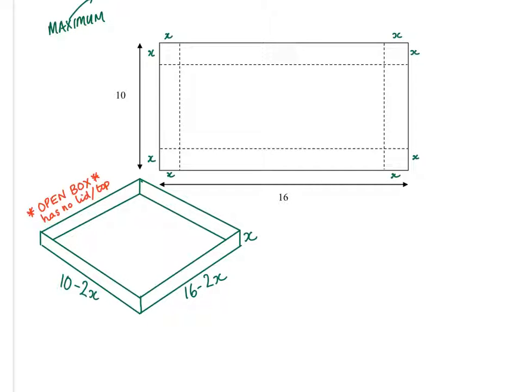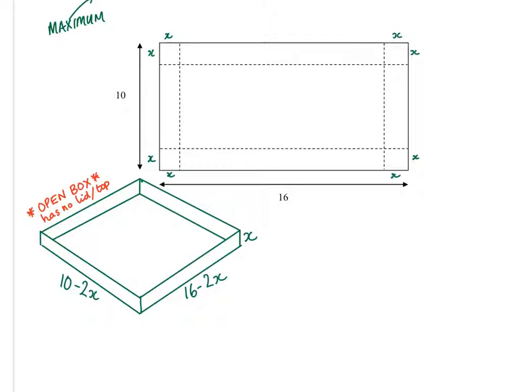Because we've got x taken away from both sides here, it would be 16 take away 2x for the length. And then here, altogether it was 10, but then we're taking 2x away from it. So that would be the dimension of the open box.